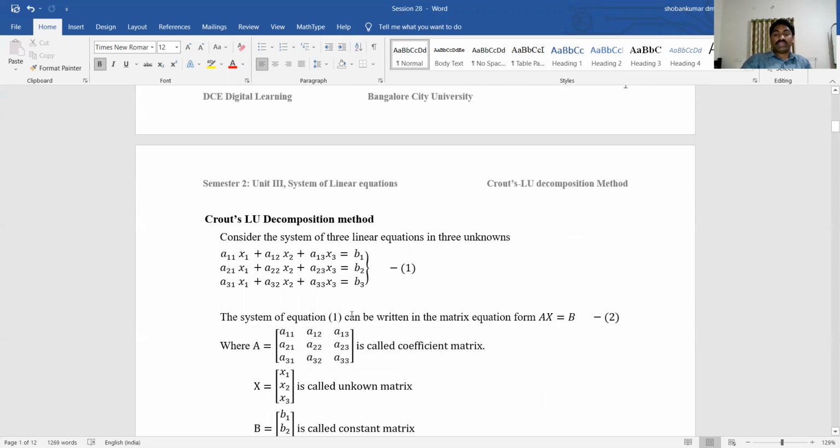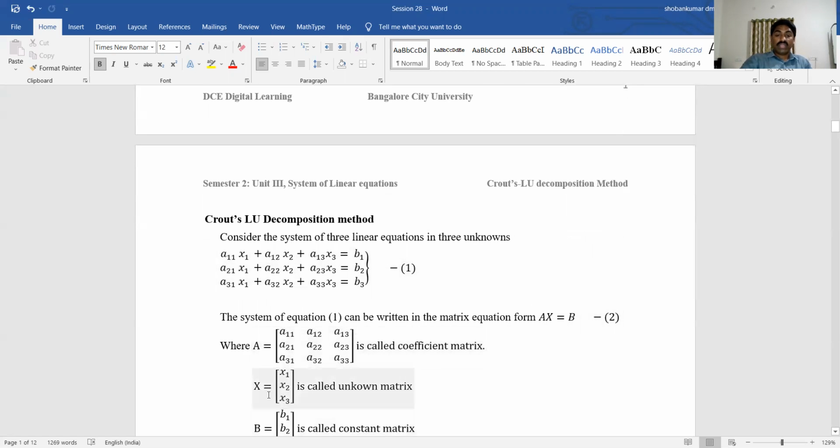The system of equations 1 can be written in the matrix equation form Ax = B. Already we know that in earlier cases, where A is the coefficient matrix of 1, A is A11, A12, A13, A21, A22, A23, A31, A32, A33.